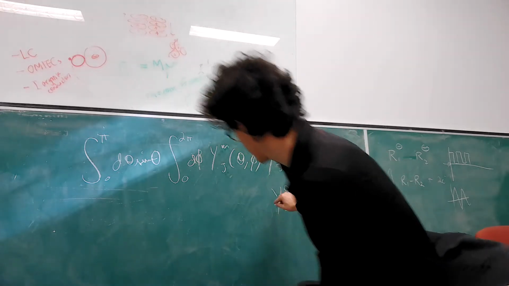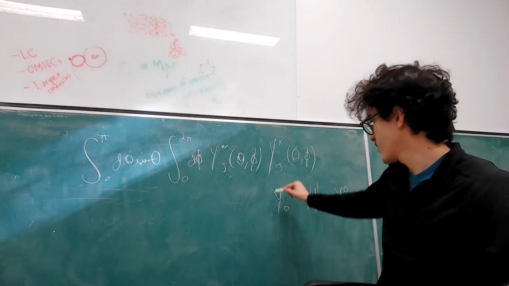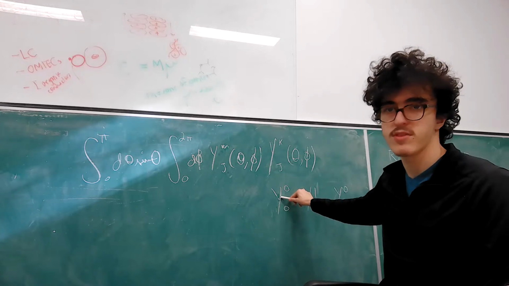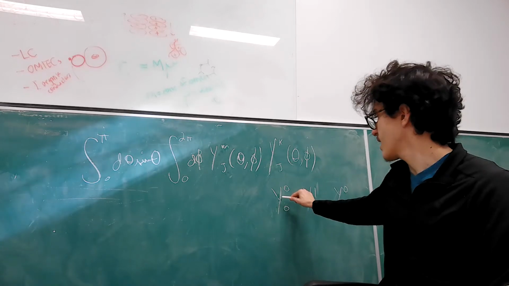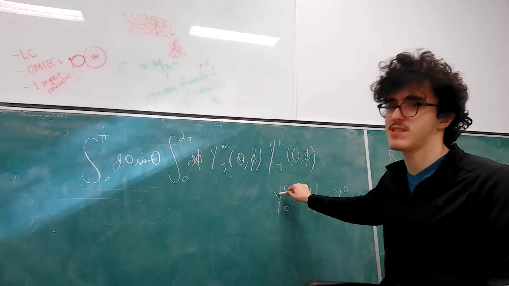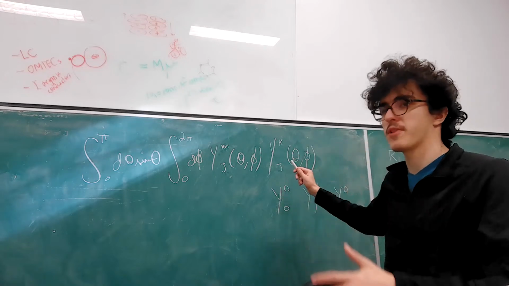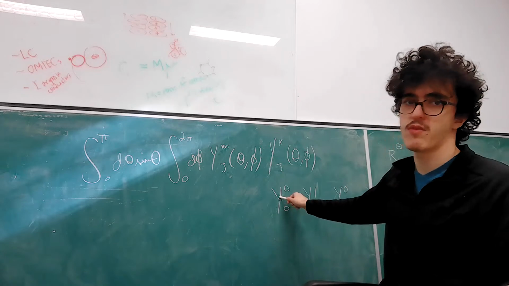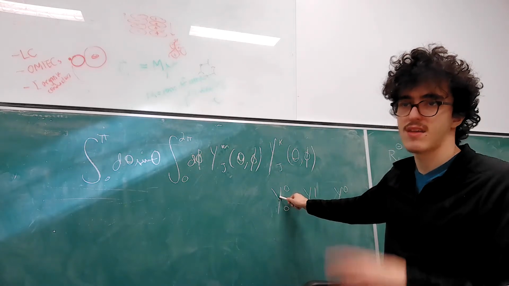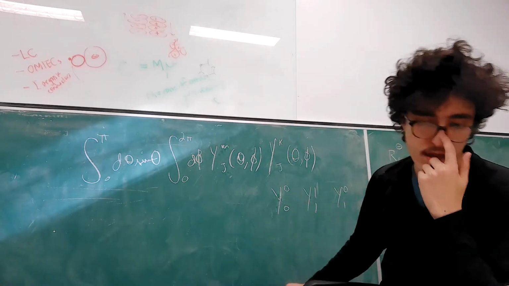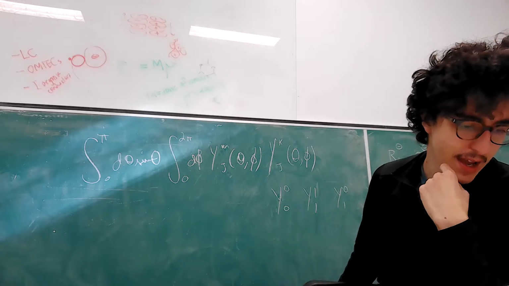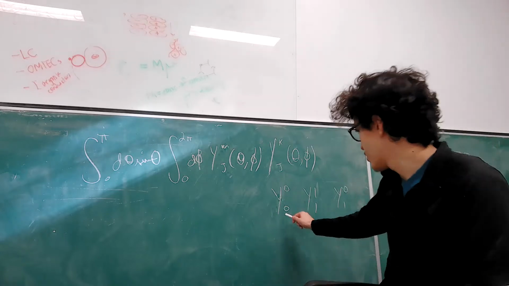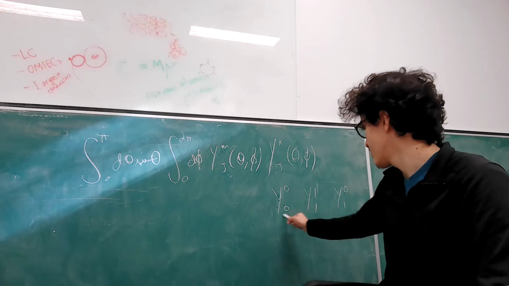So they ask you to compute the integral over this. If you overlap this with itself and they're both normalized, then it should be equal to 1, right? That makes sense. But then they ask, what if you compute the overlap between this one and this one, or this one and this one?